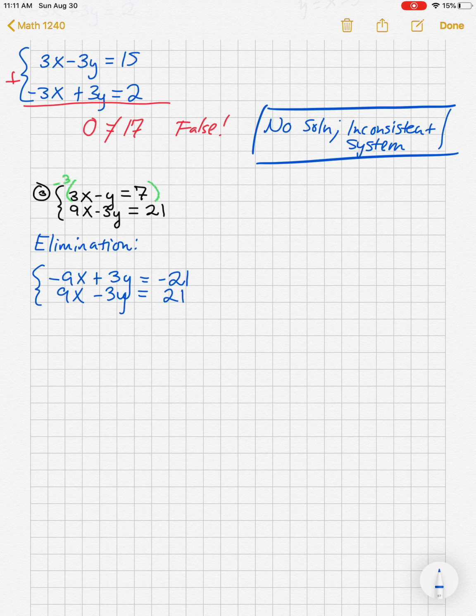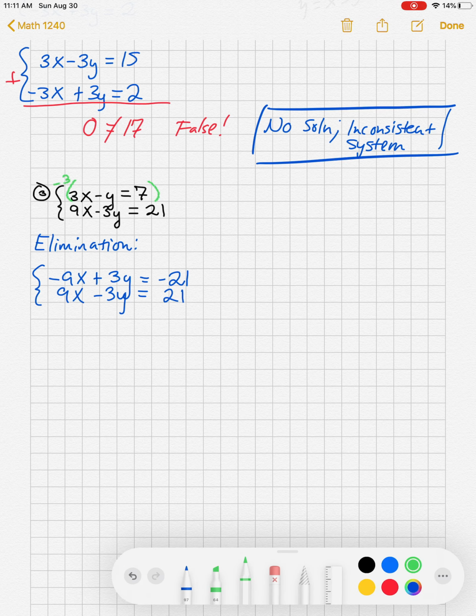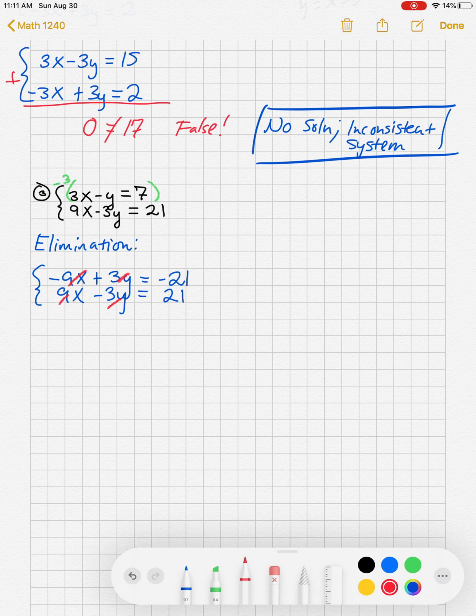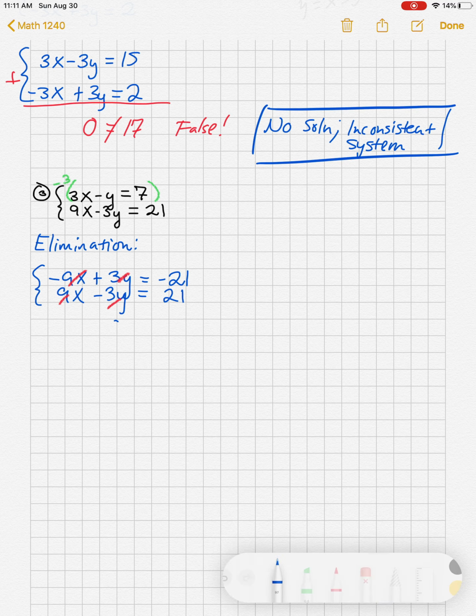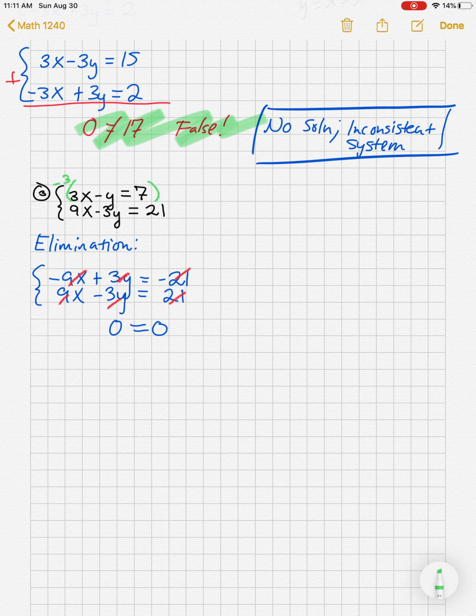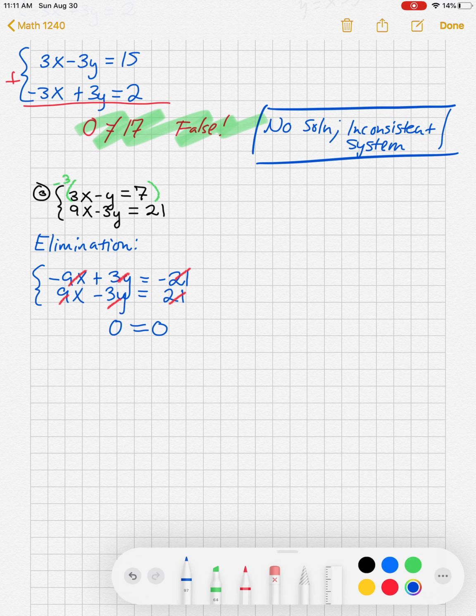So what happens here? Is this the same as the last one? Well, be careful. Cancel, cancel, cancel, cancel, but the right side also cancels. So this time I don't get a false statement.